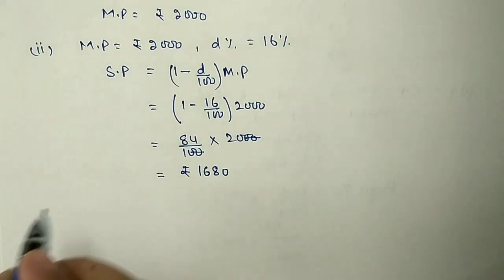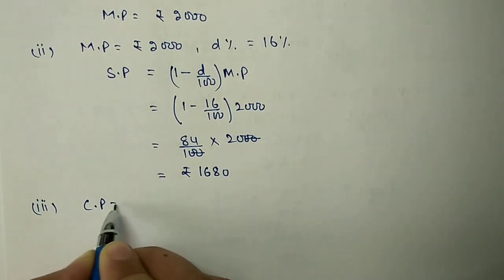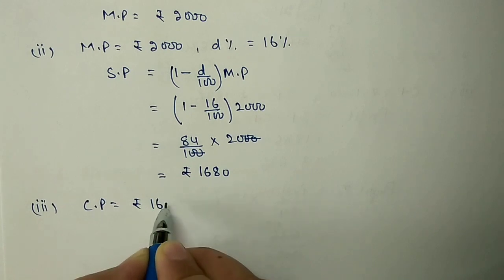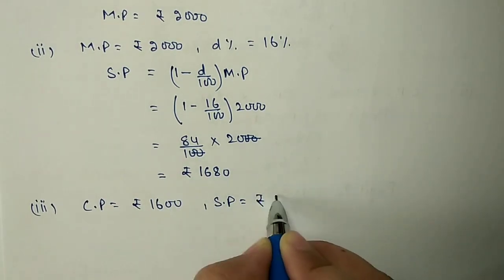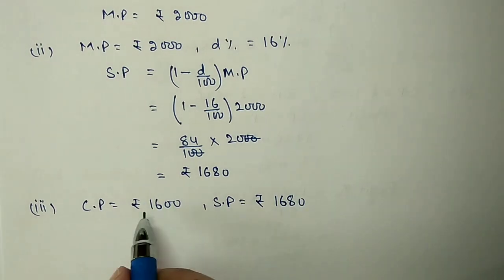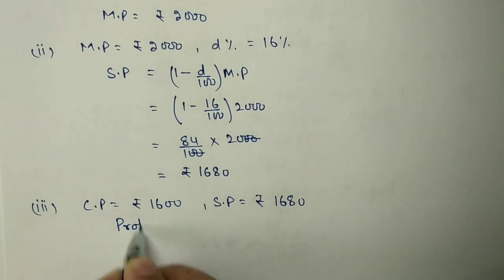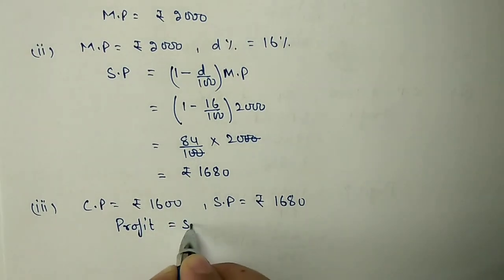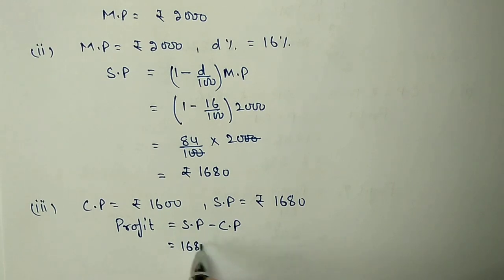Now we have to find out the profit percentage. So cost price was 1600 rupees and selling price we have calculated 1680 rupees. So you can see 80 rupees profit is there. So profit is equal to selling price minus cost price, 1680 minus 1600, which is equal to 80 rupees.